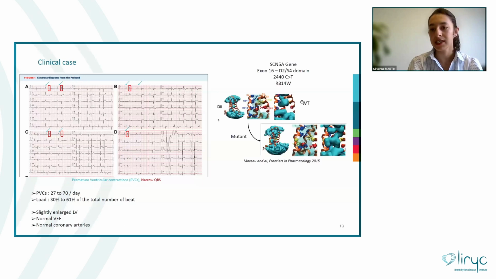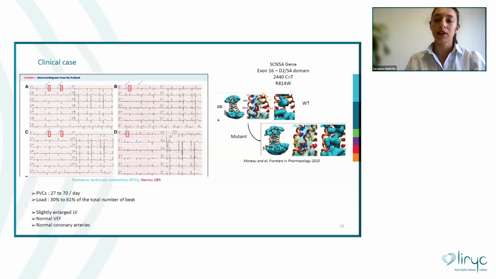The genetic testing revealed a mutation inside the SCN5A gene. It's the gene coding for the NaV1.5 channel. And this mutation occurs inside exon 16 in the D2S4 domain. This is the voltage sensor domain.